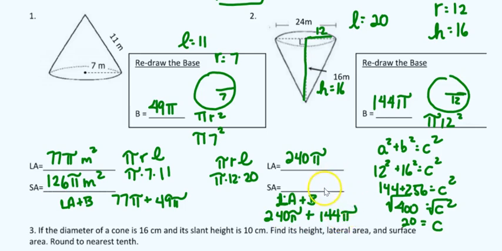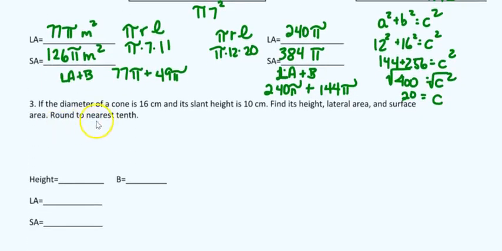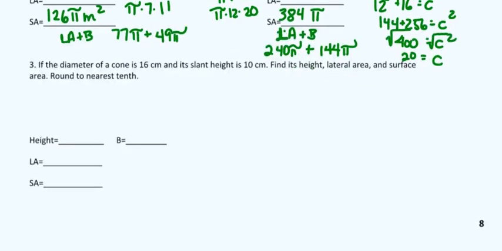And total will be 384 pi. Now remember, these all said to leave it in terms of pi. This next one, it's saying to round to the nearest tenth, but I'm still going to start it out in terms of pi, just to keep it as accurate as possible.